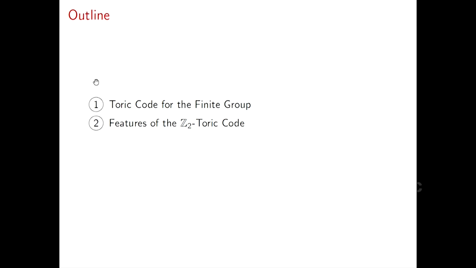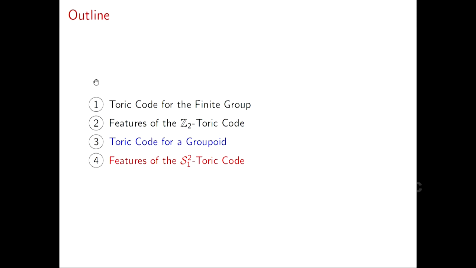And then I will explain the work which we are doing. Even though Pal is quite critical about this work, I'll try to explain why I'm going to change this group. Instead of a group, I'll put a groupoid. So I will start by explaining what a groupoid is and how it is going to change the features of the original Toric code. So this is going to be my outline.